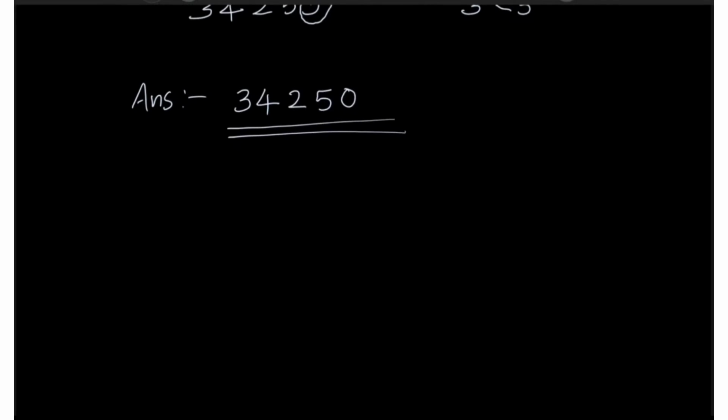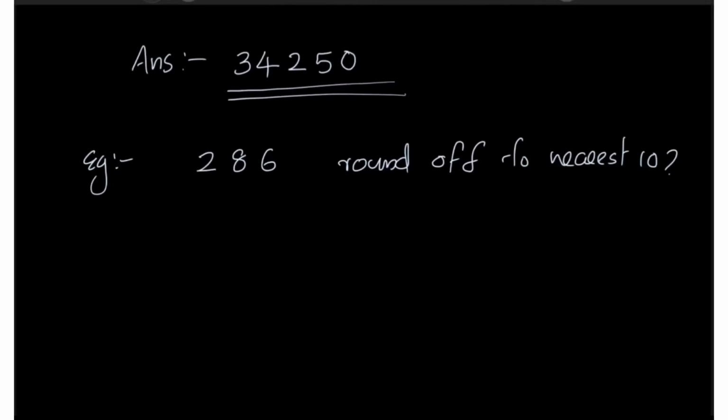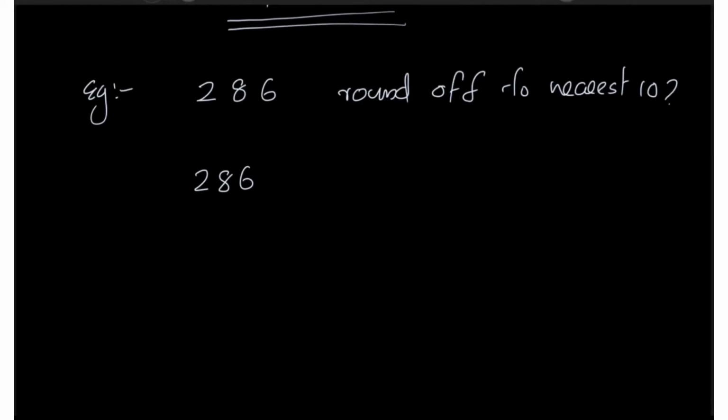Next, another question we can take: 2, 8, 6. Round off to nearest 10. Here we have to rewrite the number, then check the 10th place.